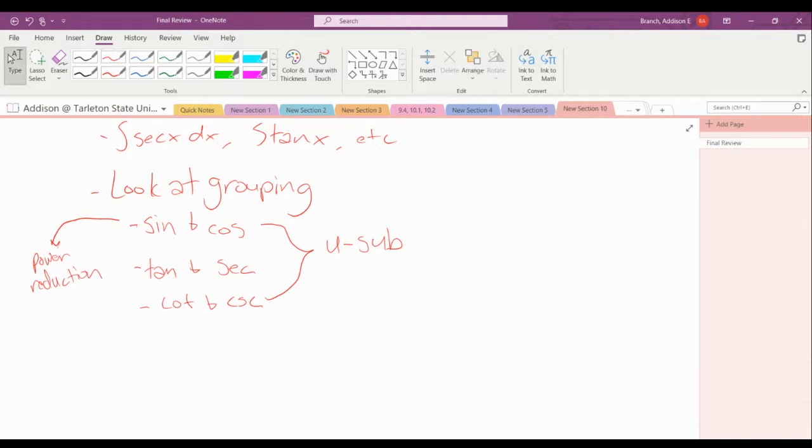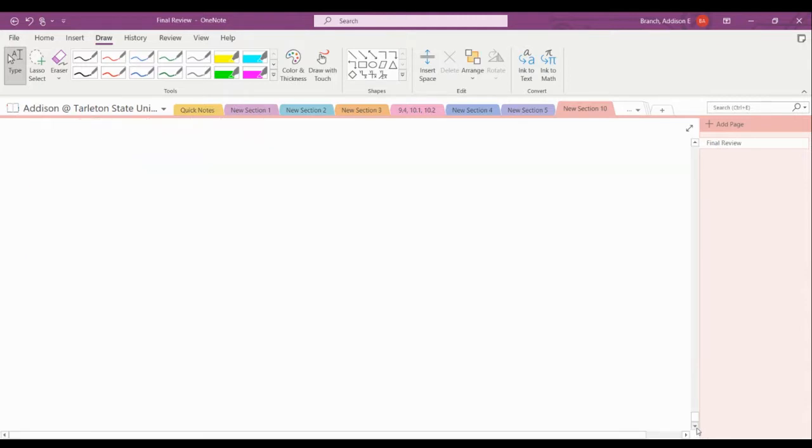Next strategy we have is going to be trig sub. So you definitely need to make sure you know your Pythagorean identities. That's essentially the whole basis of trig sub.